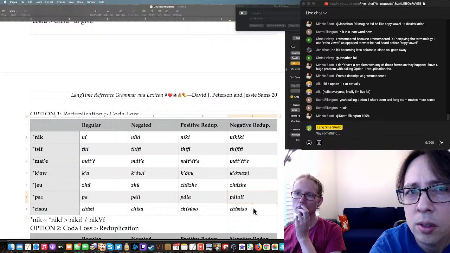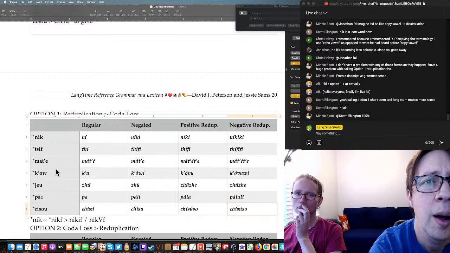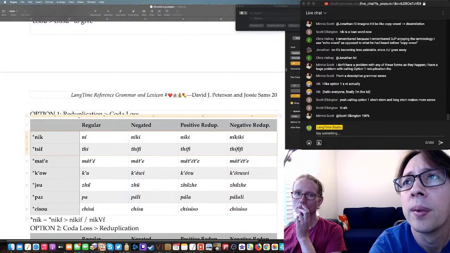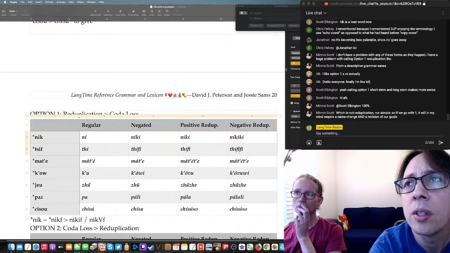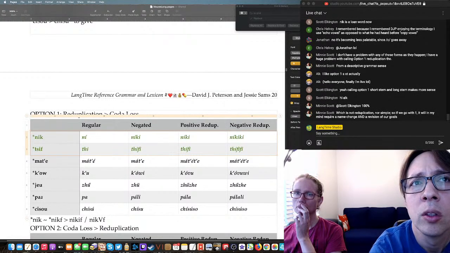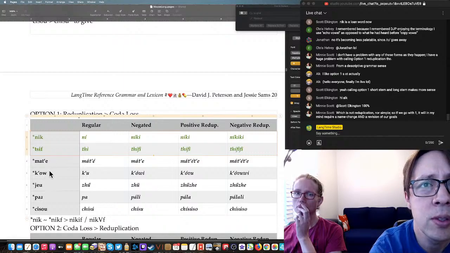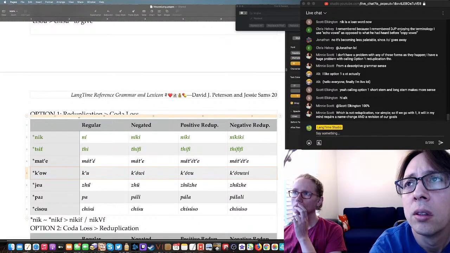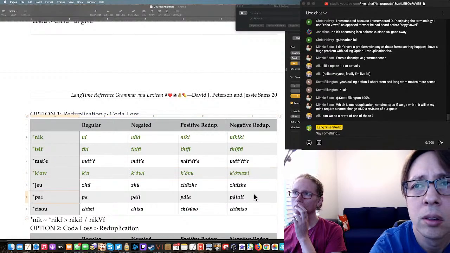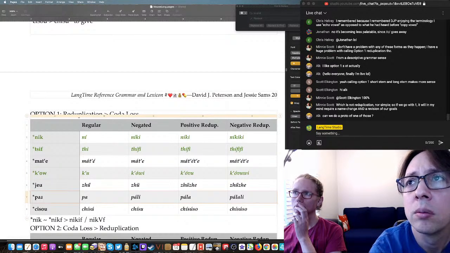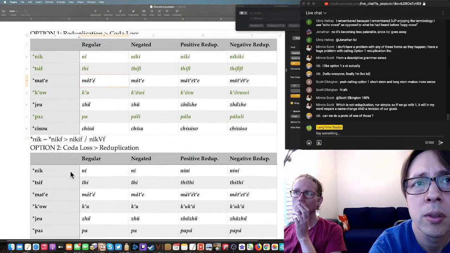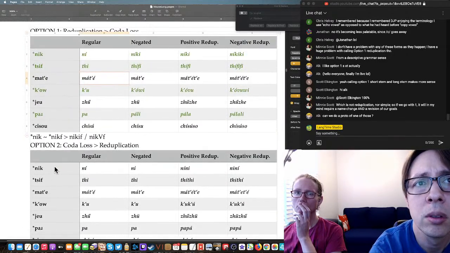And then this one ends in a vowel. It might help to do this. Let's do these in green means ends in a consonant. I'm going to do this over here too.